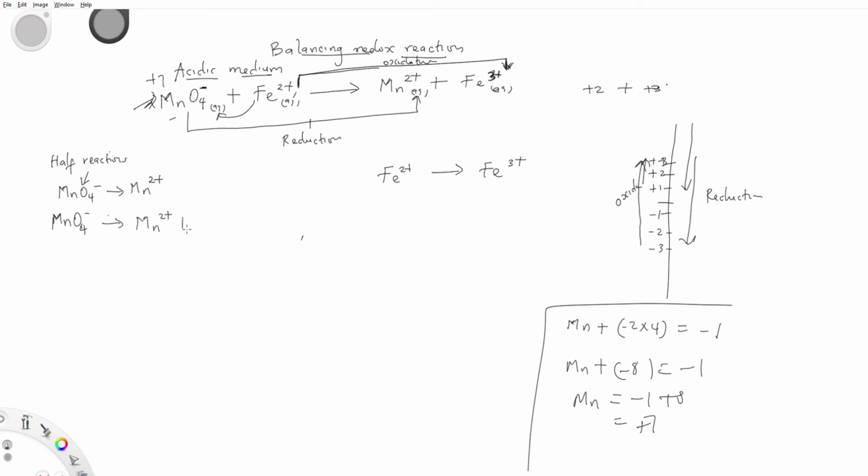So that means I need to add 4 H2O because I have 4 oxygen ions here, and I need to add 4 water molecules such that oxygen is balanced. But as I've added water, I've added hydrogen, and I need to balance hydrogen. Balance hydrogen by adding hydrogen ion. So I need to add hydrogen ion to the other side to balance it.